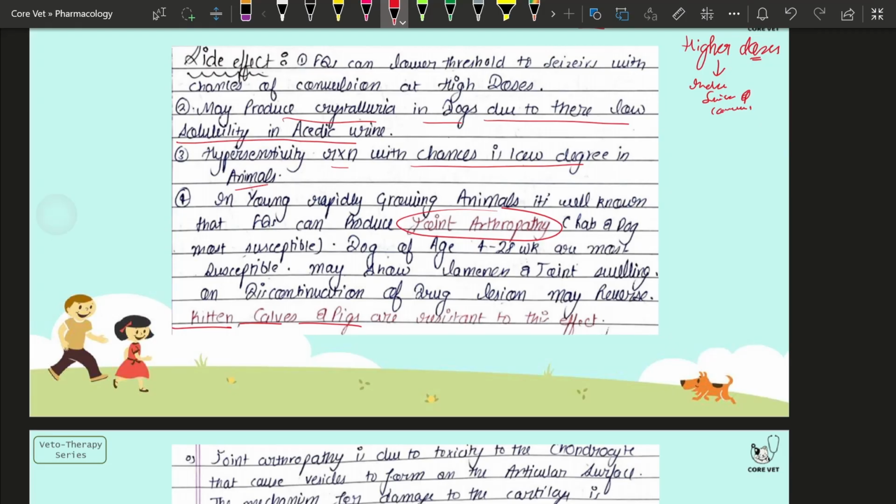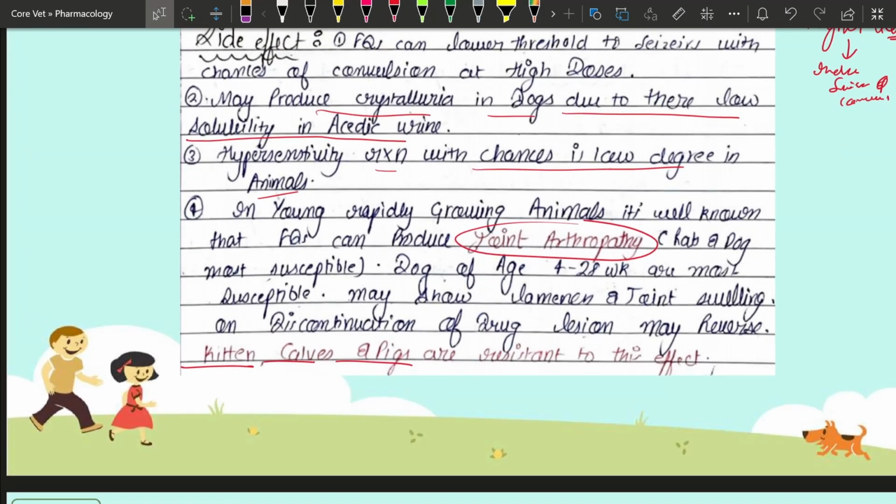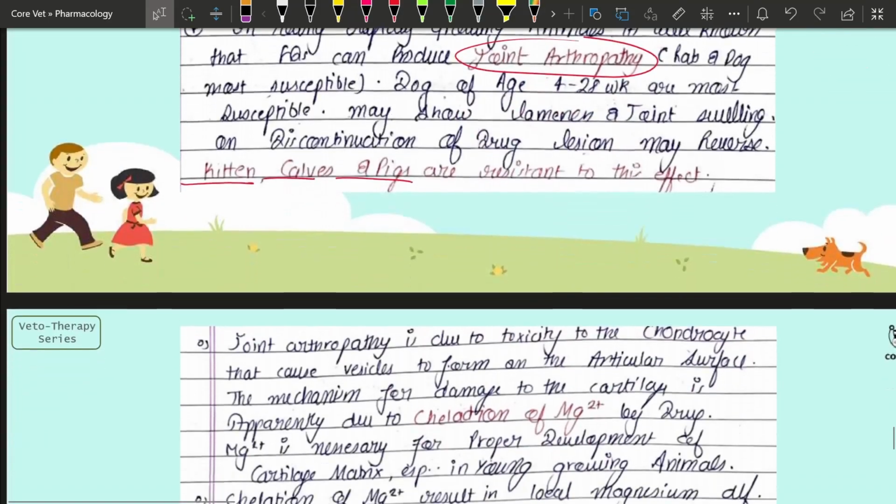So joint arthropathy is quite a famous adverse effect of the fluoroquinolones. You should remember that joint arthropathy is caused by the fluoroquinolones in young animals, especially in the dog, but certain species like cats, ruminants and pigs are resistant to this side effect, right?